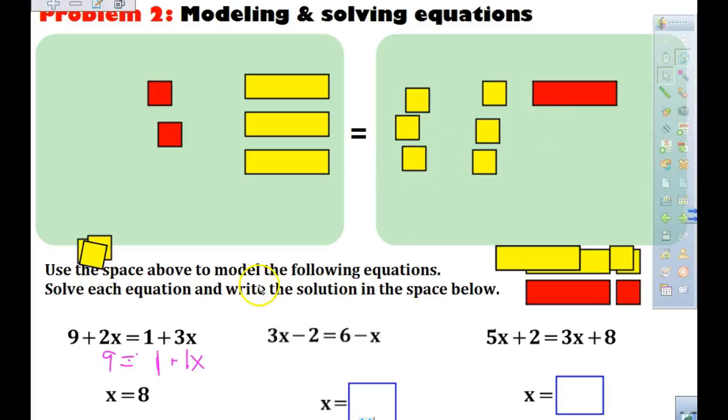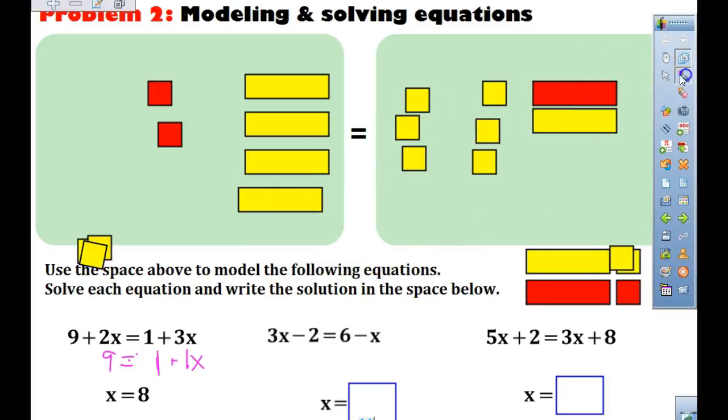If I'm thinking which x is smaller, -x or 3x, which one is smaller? -x. How can I get rid of a -x? I need to make a 0. So please put these two together. I just added one x tile here. I need to add an x tile over here, right?